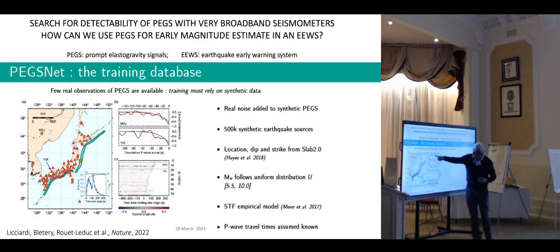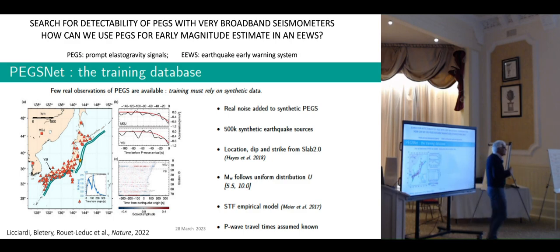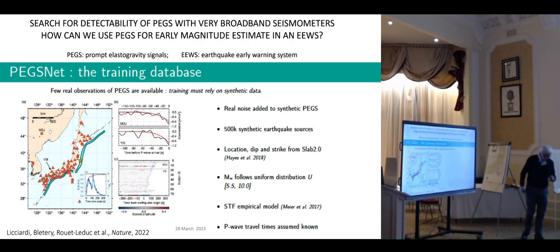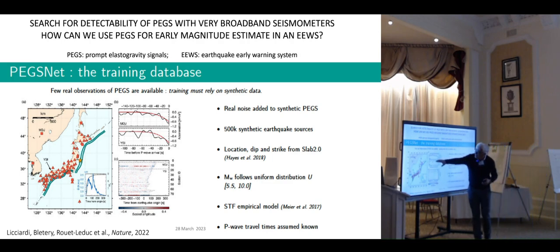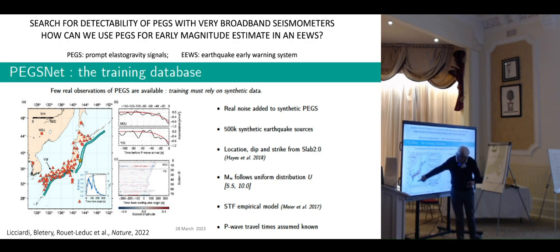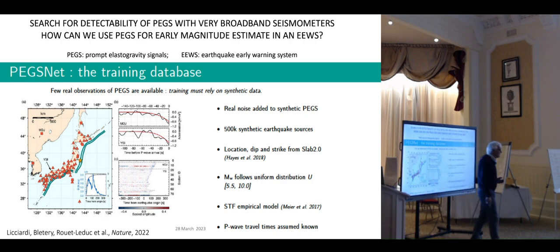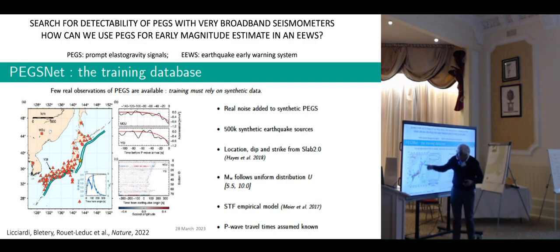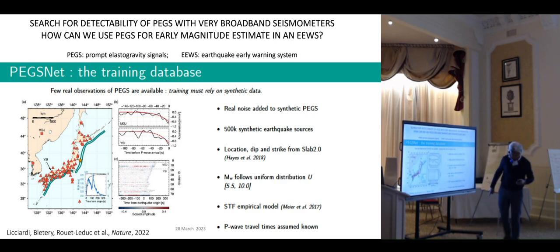That's an example of what we observed at MDJ, which is in China. You see the synthetic data and the real data. And of course, to train the system, we add some noise to the data. We have to consider all possible potential destructive earthquakes in this area, basically in subduction zones along the blue-green lines.